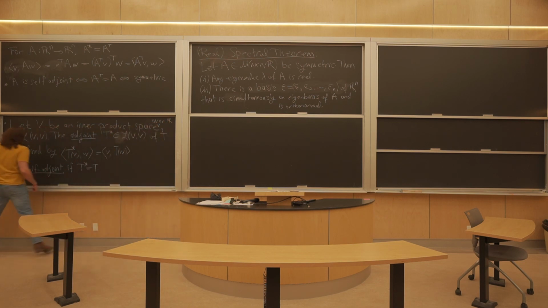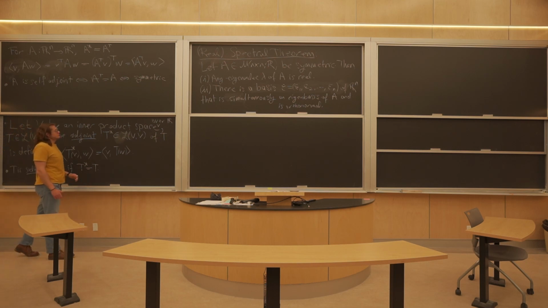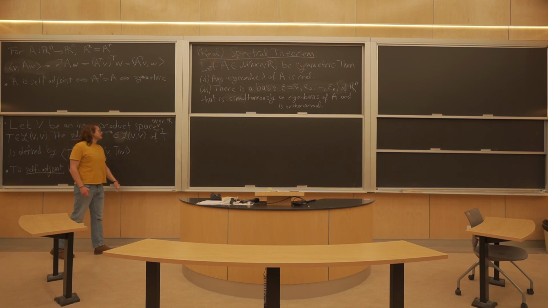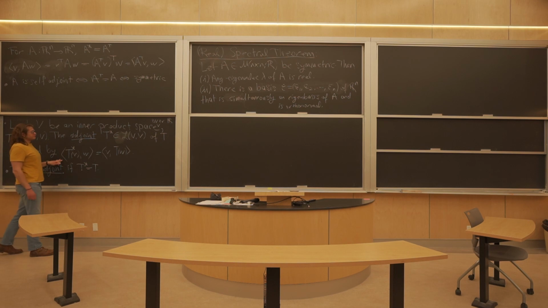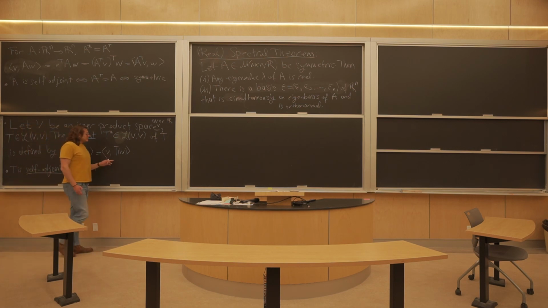And if I have a linear transformation from V to itself, then I can define this transformation T star from V to V, and that's called the adjoint of T. And that is defined by this equation. For any V and W, I can apply T to one of these vectors and then take the inner product. So that gives me a number.